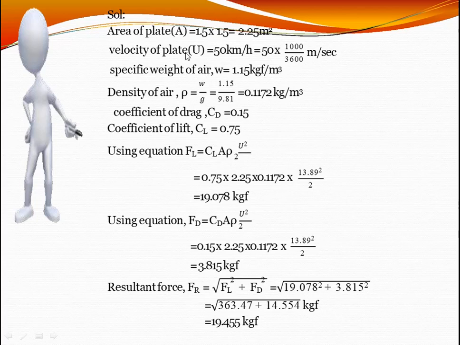U is the velocity which is given, so 0.75 is the CL, into the area of the plate 2.25, into rho, the density of air, 0.1172, into U. U comes out to be 13.89, so the square of U divided by 2. The answer comes out to be 19.078 kgf.